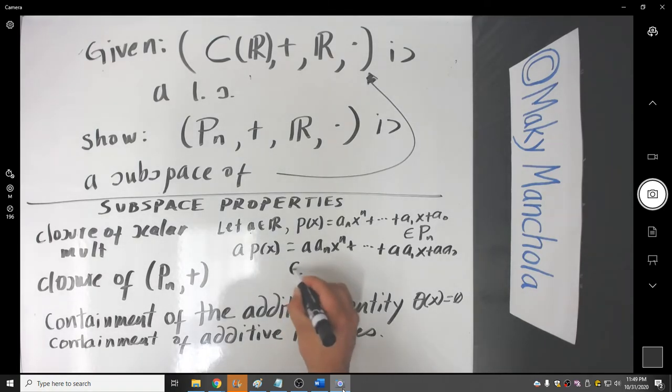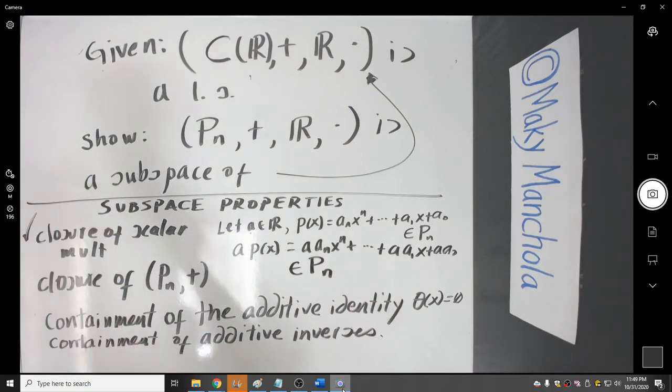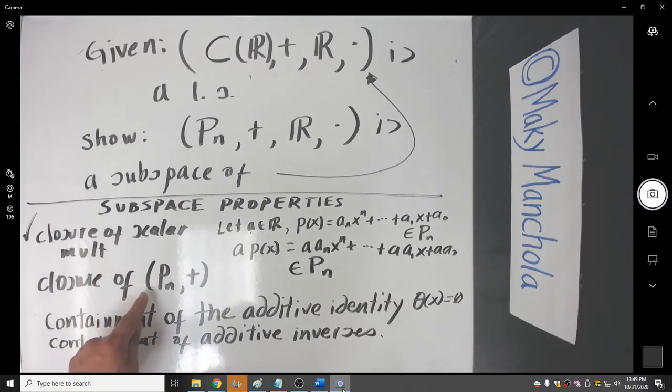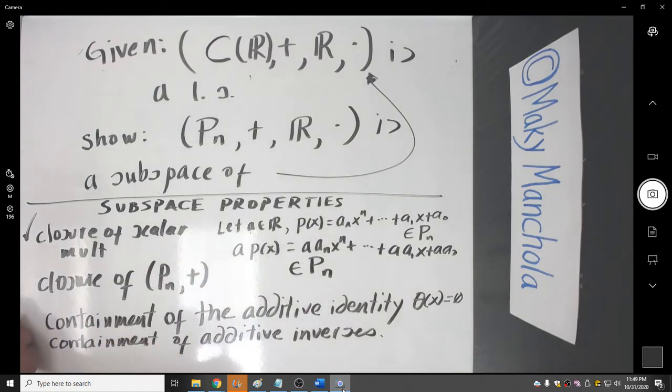So it does belong to the space Pn. Okay, so closure of scalar multiplication holds. Now, clearly, closure of addition of polynomials of degree n or less holds. I'm going to erase because I need this space to do the algebra.